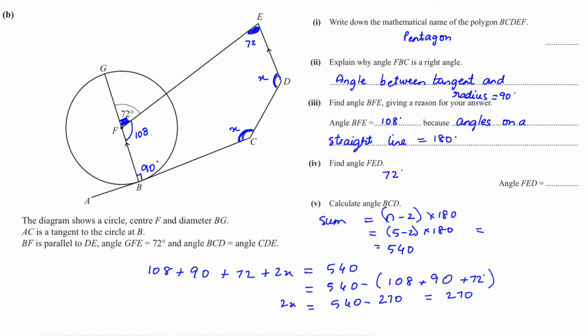This is 2x. We want to find x. So x is equal to 270 divided by 2, which is 135 degrees. So that is our answer for angle BCD.